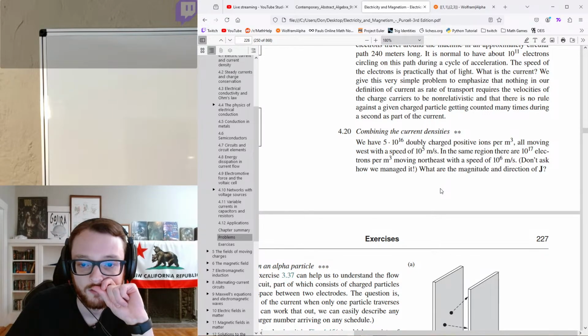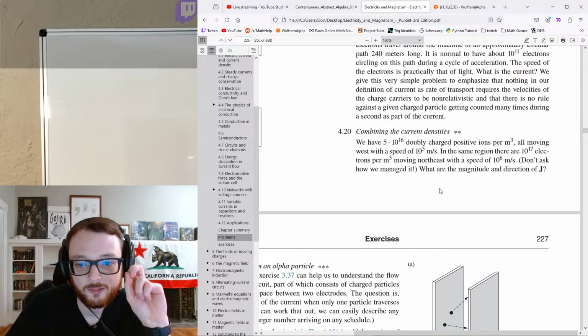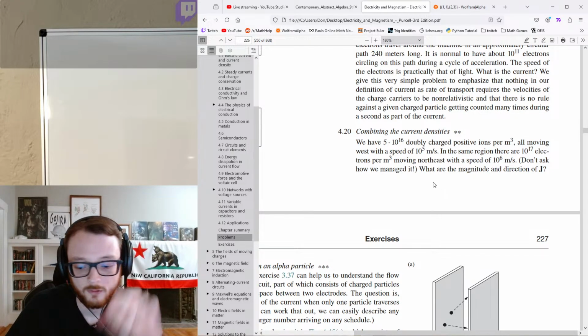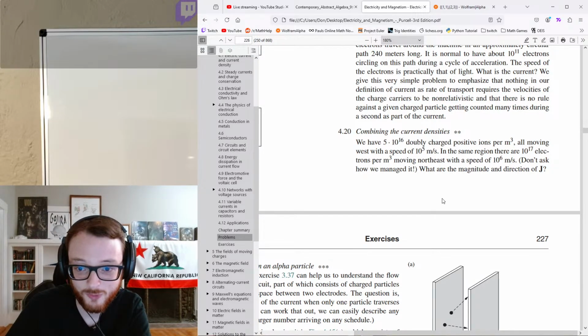So I think we need to consider electrons moving northeast as equivalent to... Wait, these are positive ions, not protons. What does it mean to be doubly charged? Because can an ion have various amounts of charge? I assume doubly means it is 2e like I initially thought.